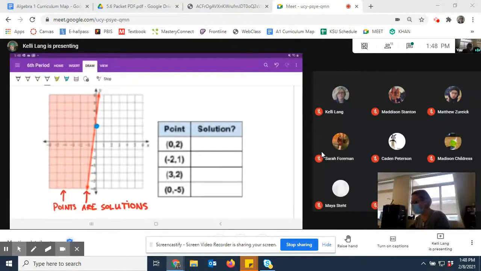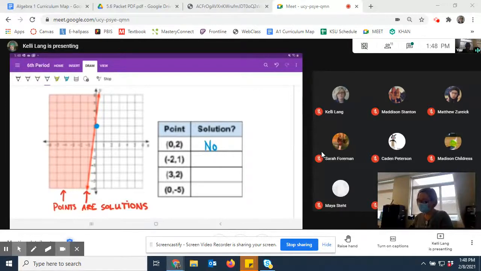So the consensus in the classroom right now is that (0, 2) is actually just outside of the line. It's just to the right of it. So it's in the non-shaded area, which would make this not a solution. If it's in the blank area, it's not in the shaded area, and it's not on the line, it's not a solution.